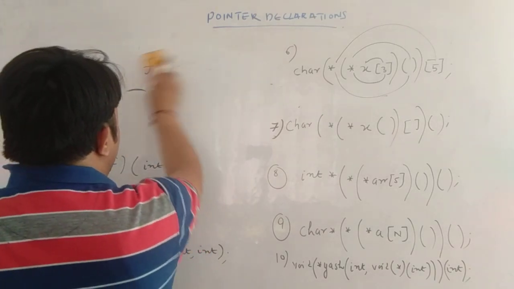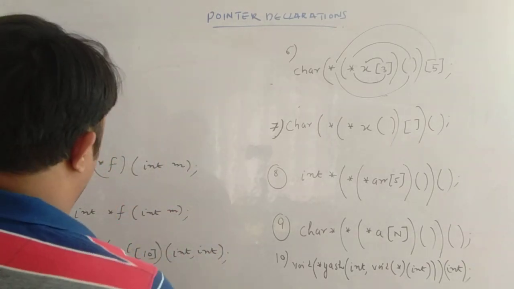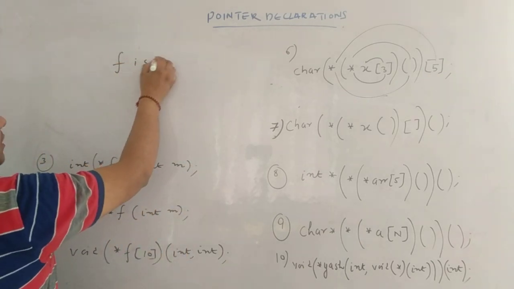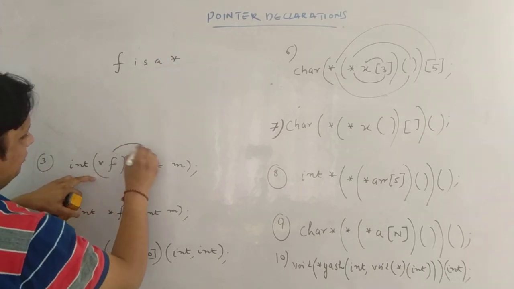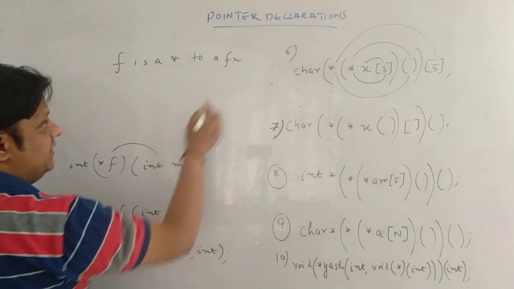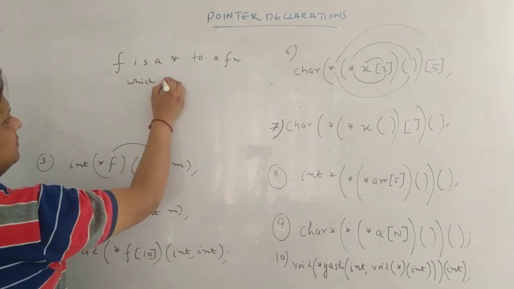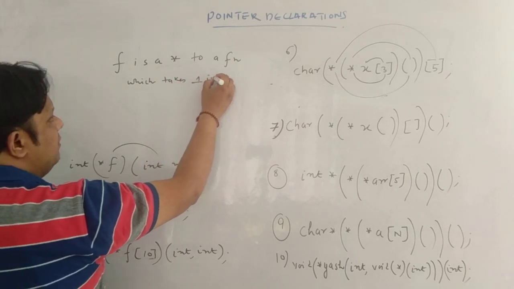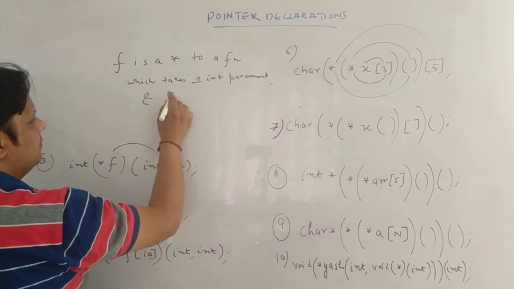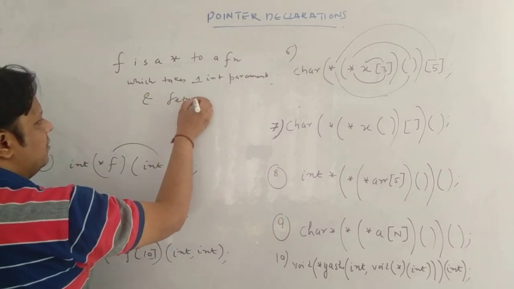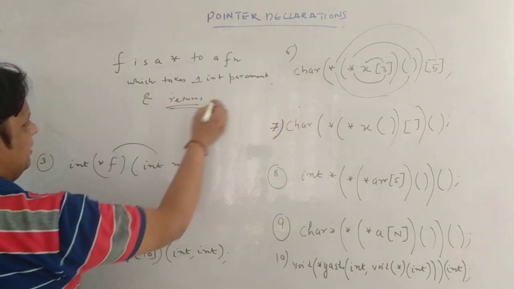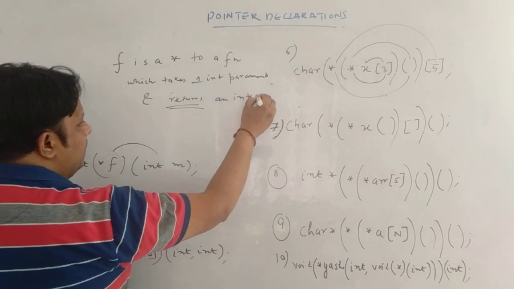Now moving on to the third statement. Again this f is in bracket, and this is a function. So we write f is a pointer to a function which takes one int parameter, and with function we are using the return keyword, and returns an integer, right?